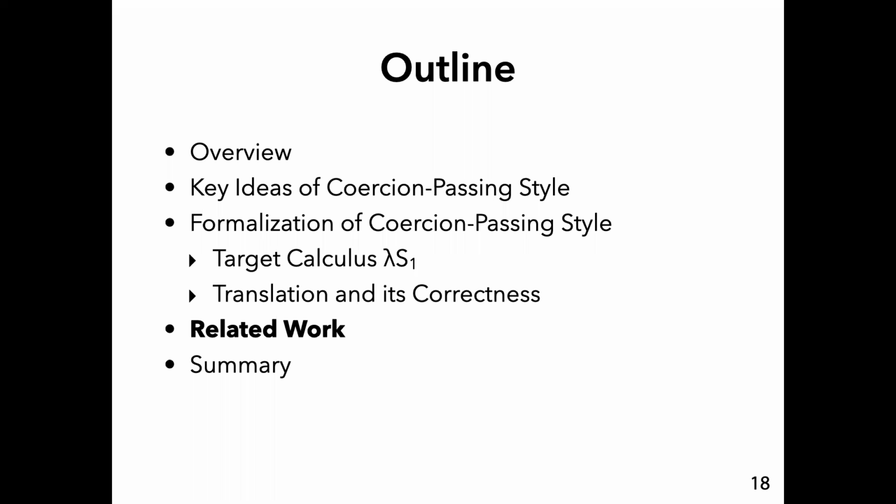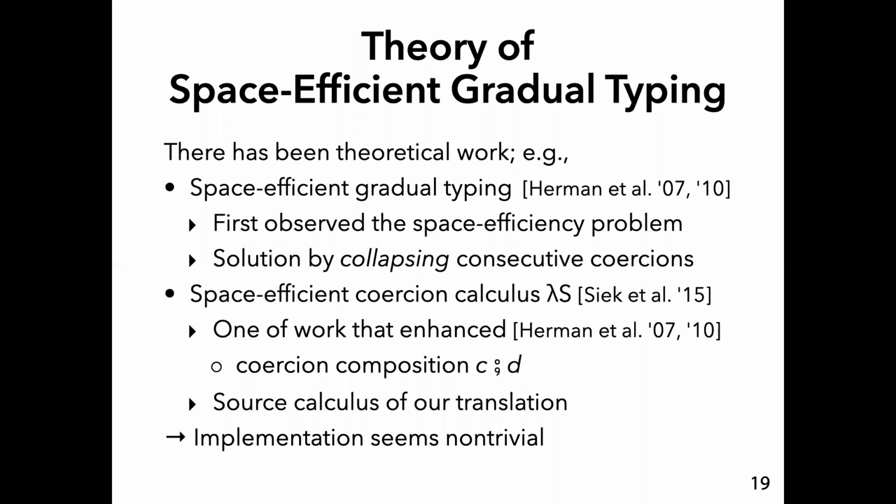Then I'll introduce related work. There have been some theoretical work on space-efficient gradual typing. Herman et al. first observed the space efficiency problem in gradual typing, and they gave its solution by eagerly collapsing consecutive coercions.